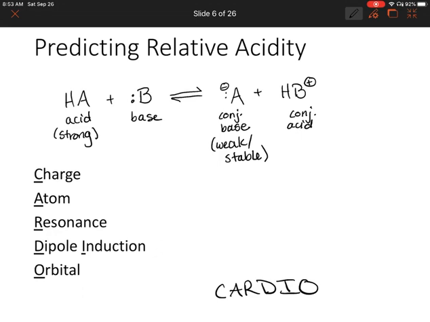Now, in your textbook, they don't include charge really, so they just use REO, but it's the same thing. Here I'm going to include charge and the word dipole because it's a little easier to remember. So if you're trying to determine the relative acidity between two acids, you just have to practice cardio.